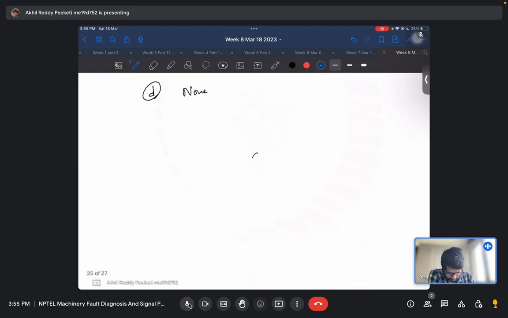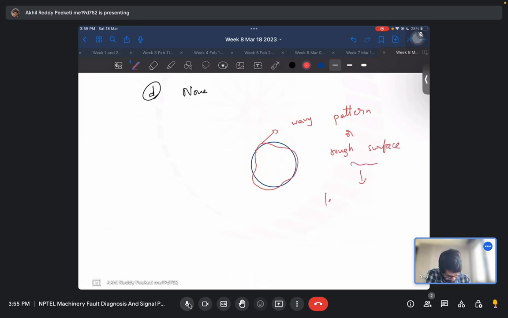So let's say the bearing, instead of being perfectly smooth like this, has a wavy pattern like this, or it's not smooth. So this wavy pattern or rough surface could actually create vibrations.